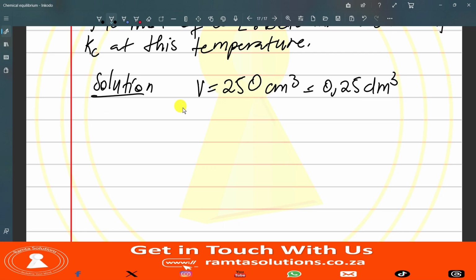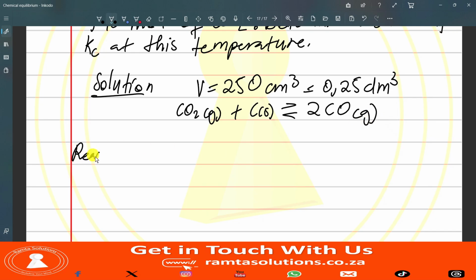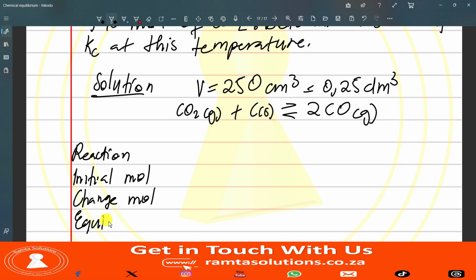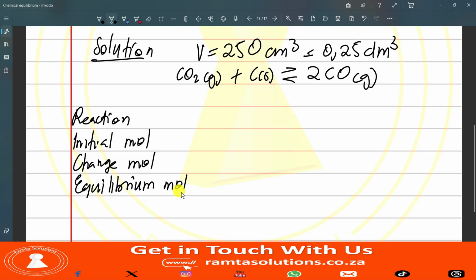Now the RICE table. Remember our reaction was carbon dioxide gas plus solid carbon, giving you 2 carbon monoxide gas. So you will write your reaction, then initial mole, change in mole, equilibrium mole, and then equilibrium concentration.